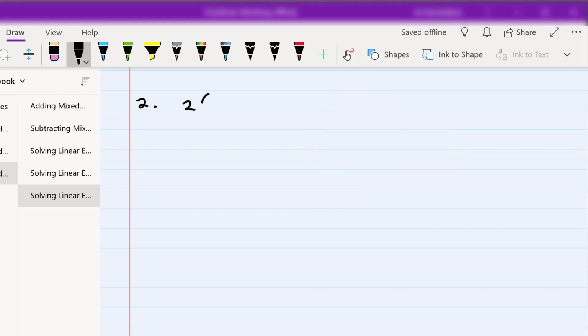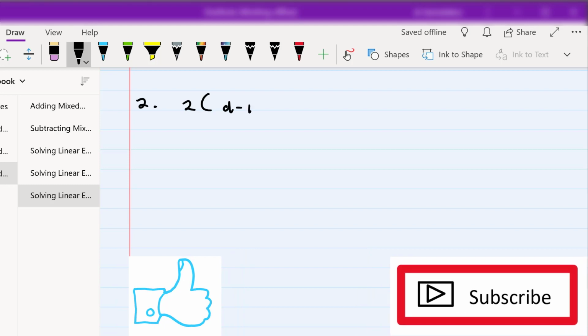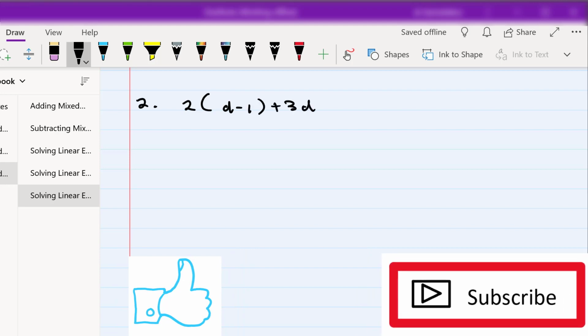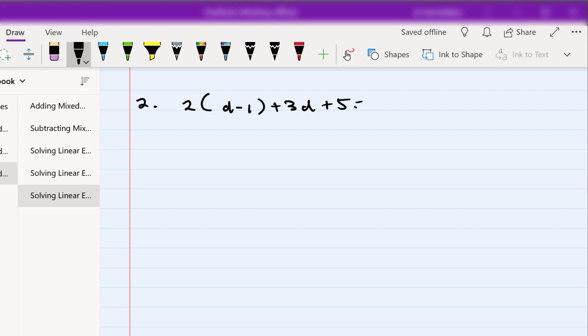Suppose I had 2 multiplied by d minus 1, plus 3d plus 5, and that's equal to 7d minus 10. The question is to solve for d, our unknown. Again, we want our unknown on one side and the numbers on the other side. So we proceed by first multiplying out or distributing this term.